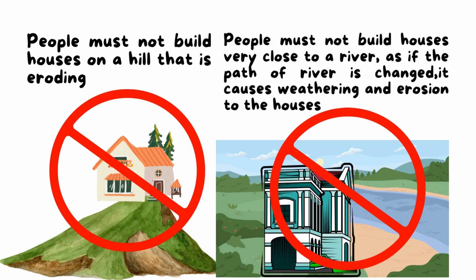What is the meaning? The river will be very near to the house and causes weathering, as breaking down some of its rocks, and these rocks will move to another place and the house will be in danger, yes?